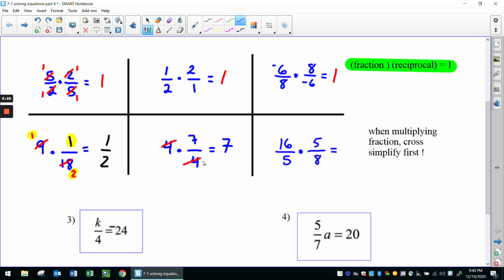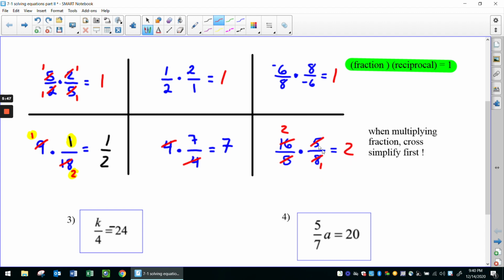Okay, so let's look at the next one here. That's going to be 16 over 5 times 5 over 8. And here, we can see right away that these two 5s can cancel out. And then 8 goes into 8 once, but it goes into 16 twice. So our answer is 2.